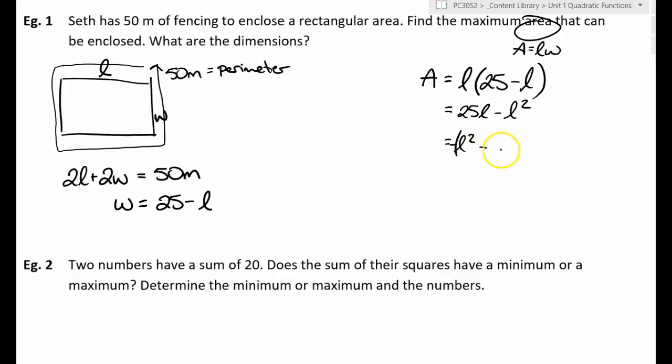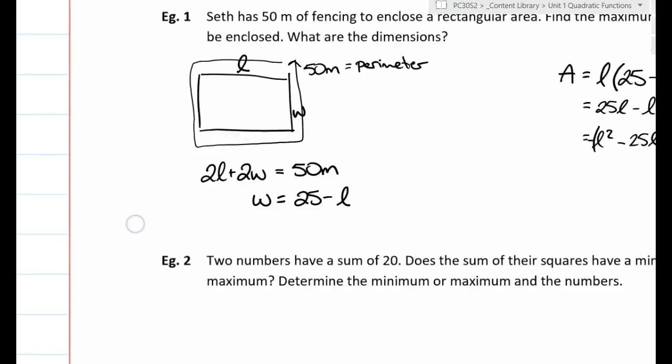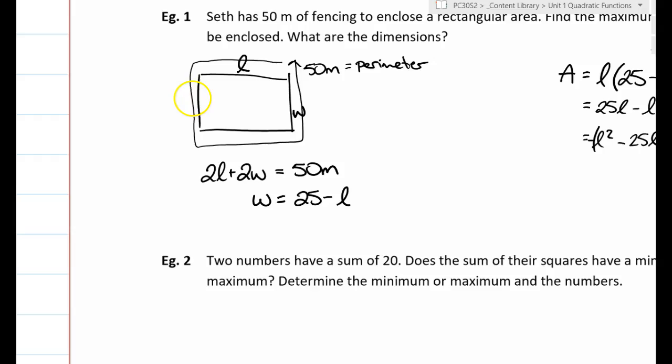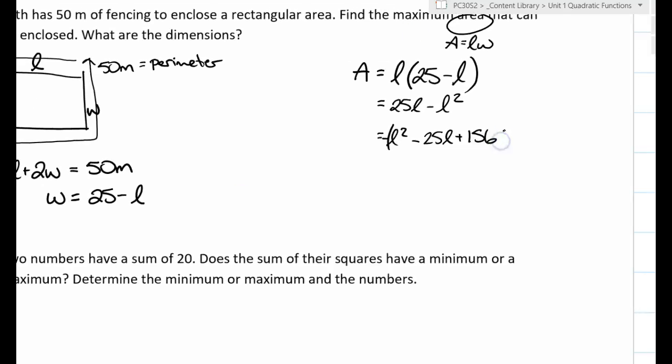I'm going to factor out the negative. Half of 25 is 12.5, and I'm going to square it. Squared is going to be 156.25. If I've added it in here, I've actually subtracted it because I factored out that negative from the L squared.